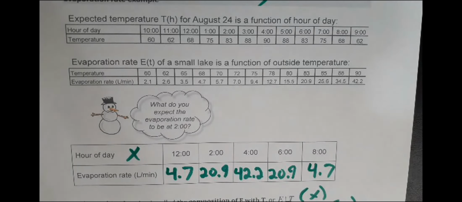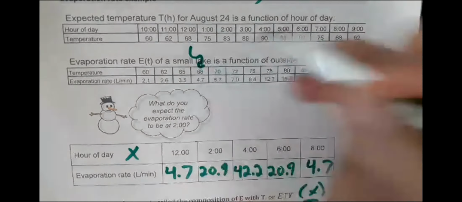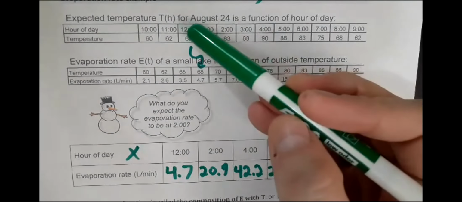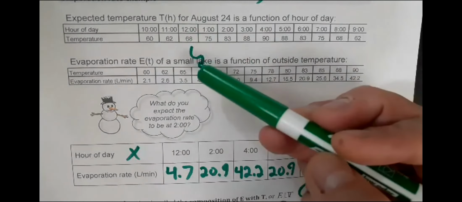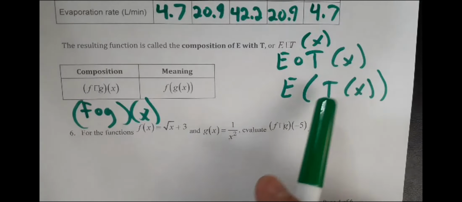So there's a weird sort of thing that's happening. We went 12 gives me 68, and 68 gives me 4.7. We're going from X to Y. This Y becomes a new X in this one, right? We'll see it again. But T of X gives me a temperature.